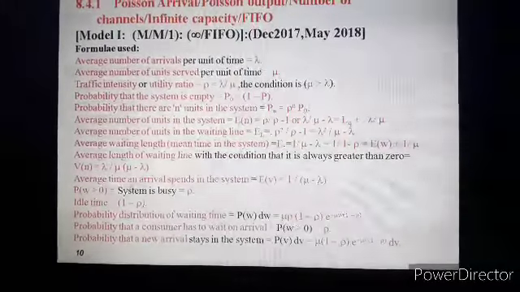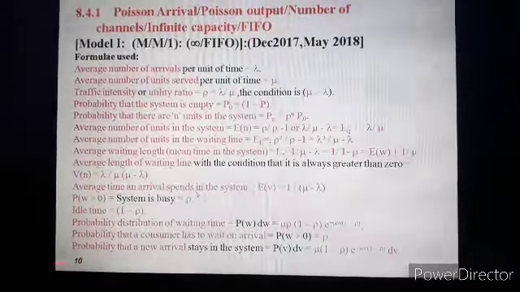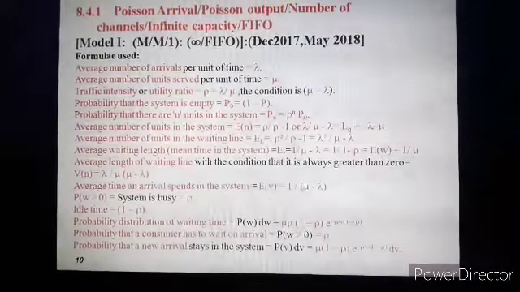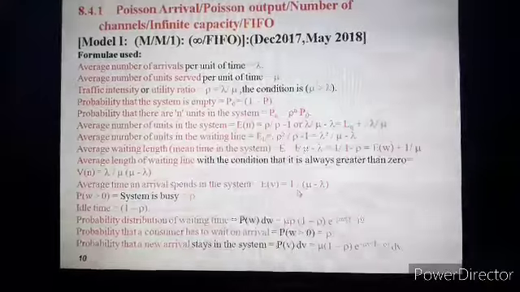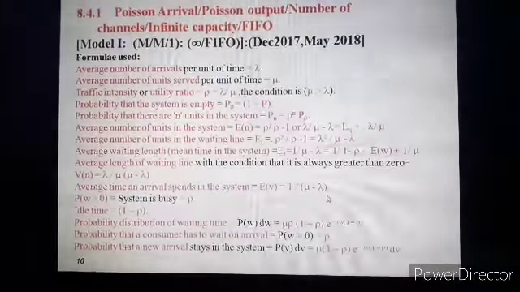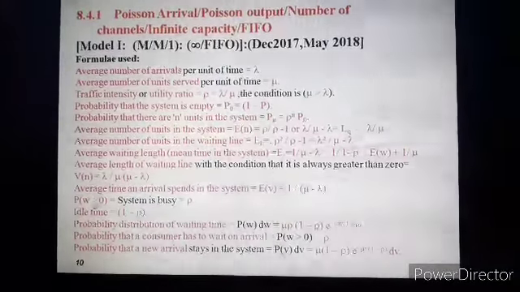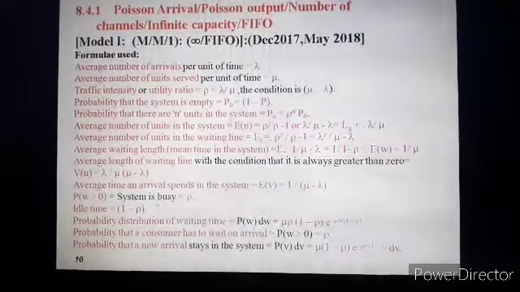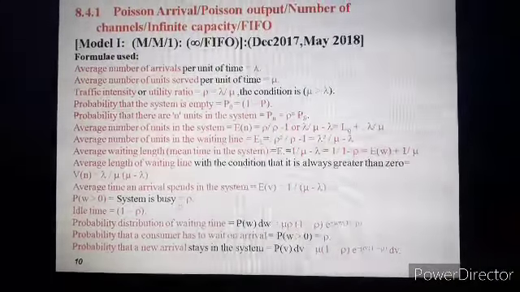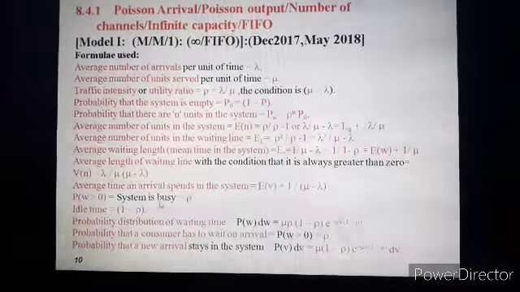So the next term is the average time an arrival spends in the system, that is denoted by capital E of V. It is equal to 1 divided by mu minus lambda. Then the probability that W is greater than 0, for this condition when the system is busy, is always equal to rho. That is our consideration.